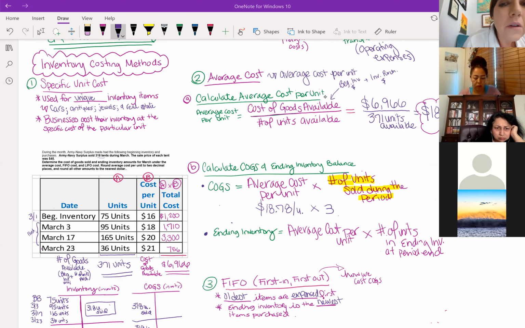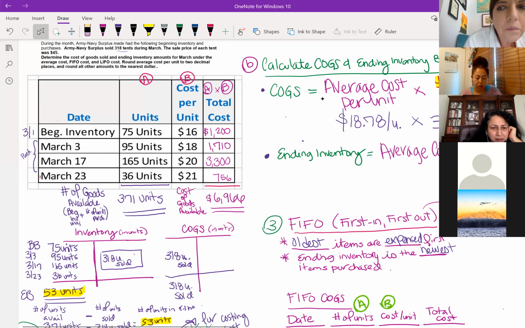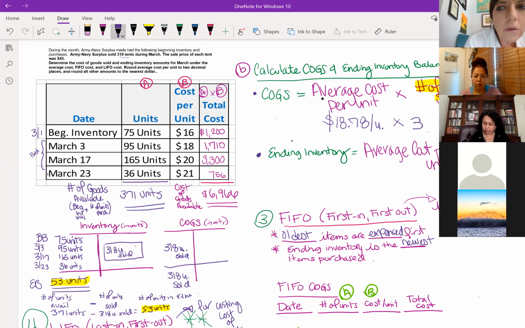Yes. They sold them all? Look at your T account. No, they only sold 318. So we're only expensing 318 units.